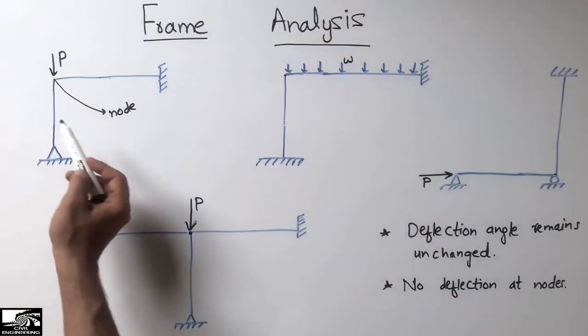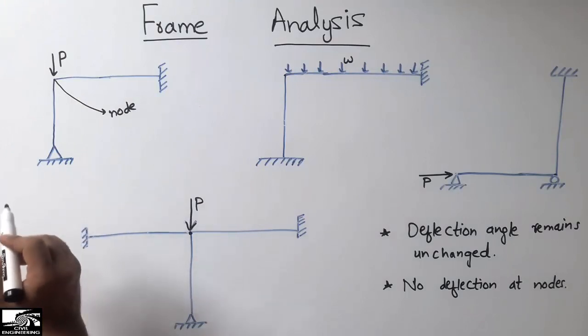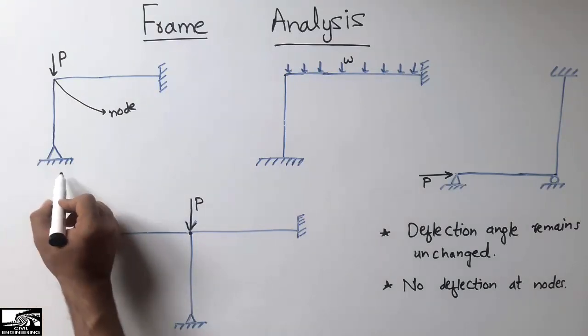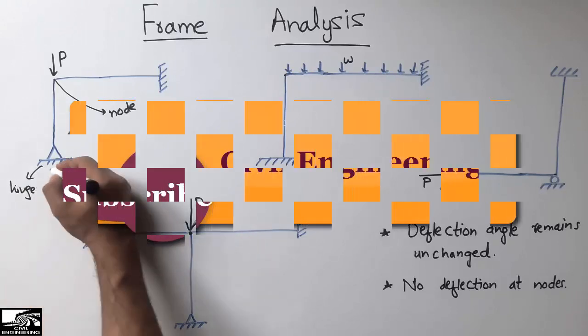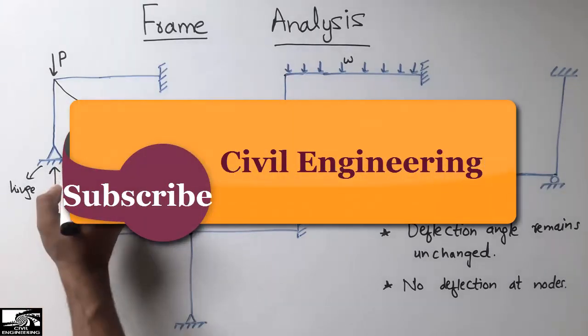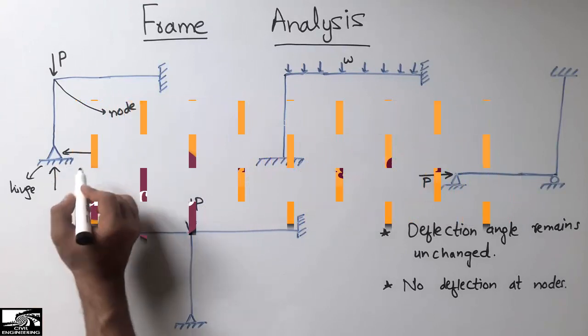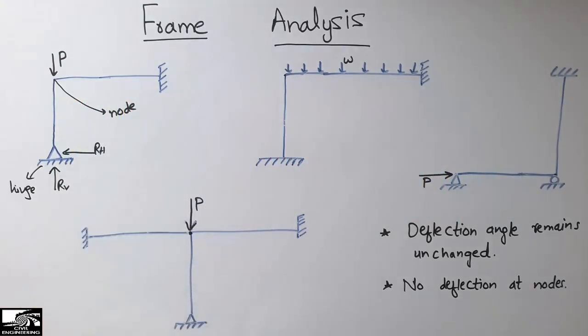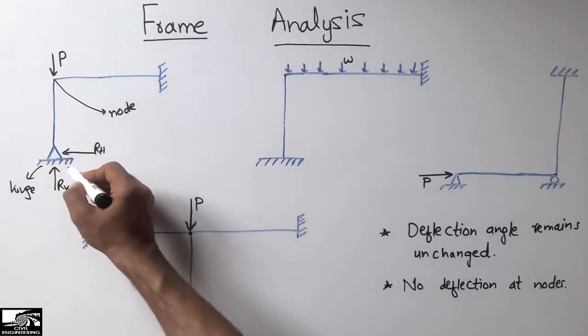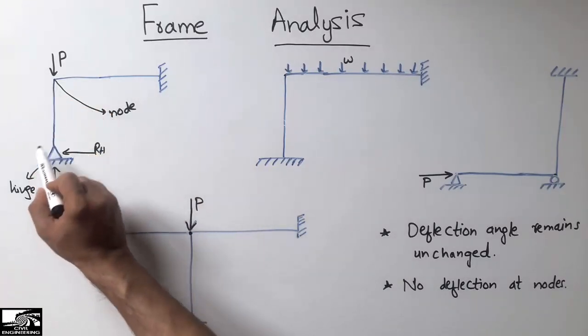Now to analyze this frame, first of all, we should know that this is a pin support, a hinge support. What is the property of the hinge support? It can resist the vertical force as well as the horizontal force, but it does not resist any moment. Since it does not resist any moment, there will be rotation at this point.